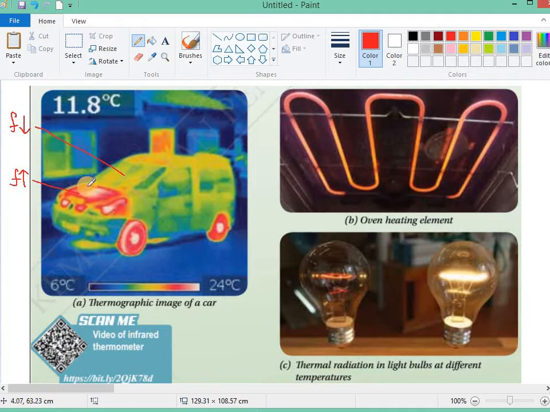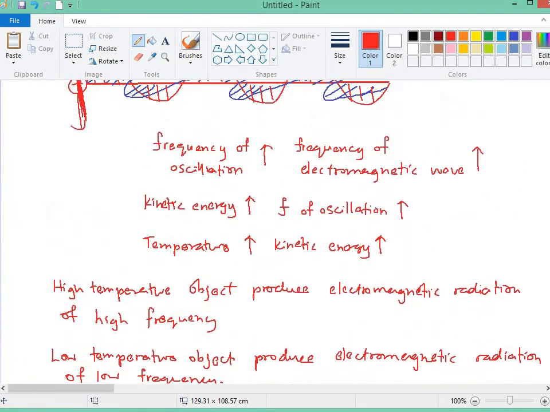But you look at this diagram and this picture, the engine, which is higher temperature, is red color, and the body of the car that is lower temperature is yellow.